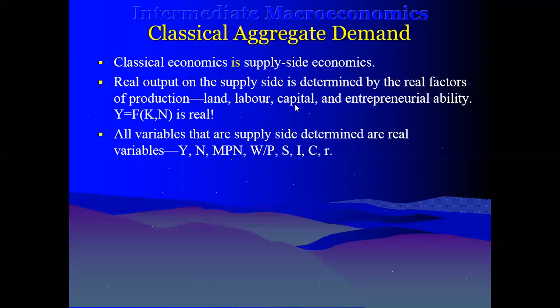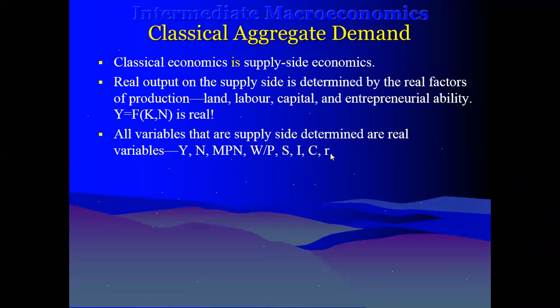Right, so what I'm saying is that the production function that we have been looking at is a real function, which means that it is only determined by what? By real factors. So according to this theory, any variable that is supply side determined is a real variable. These are the real variables that we'll be looking at through the course. We've already seen real output and MPN, W over P. We'll be looking at savings, investment, consumption, and then real interest rate.